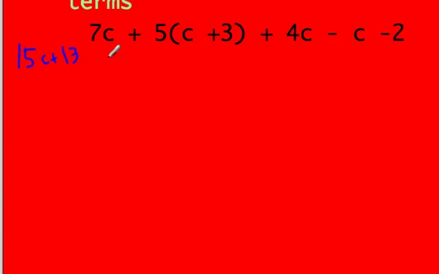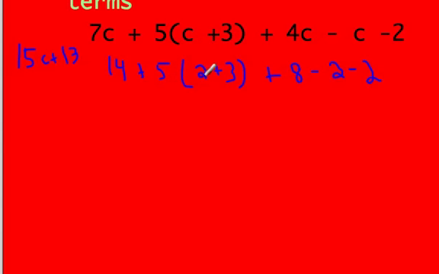So if C was 2, 7C would be 14, plus 5 times, in parentheses, 2 plus 3. 4C would be 8, right? 4 times 2, minus 2, and then minus 2.